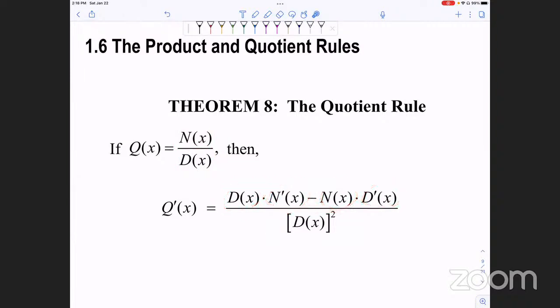Again, it's low d high minus high d low all over low low. So the bottom times the derivative of the top minus the top times the derivative of the bottom, over the bottom squared.